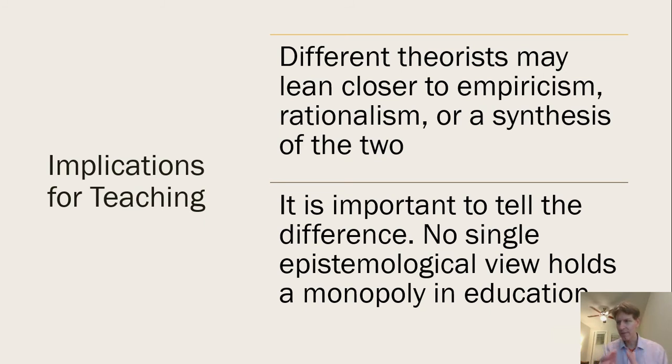And you do have this clash between the two. It very much influences things. For instance, for the constructivists, you look for how does the mind work? What's the process? For the empiricists, you look for, okay, what's the bottom line data? So it is important to tell the difference between the two, where these people are coming from, because no single epistemological view holds a monopoly in education.